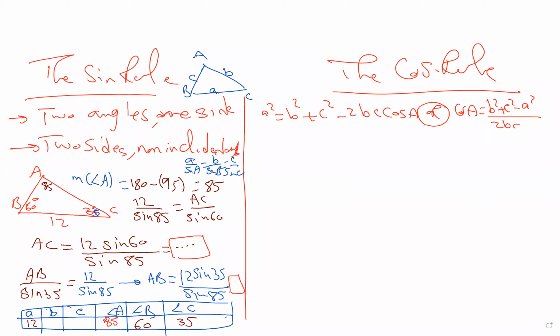You can use the first one if you have two sides and the included angle, the measure of the included angle. And you can use this one if you have the length of three sides.